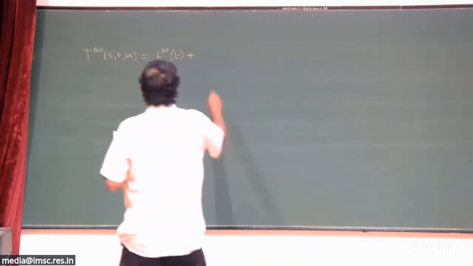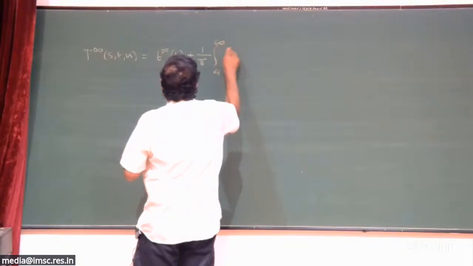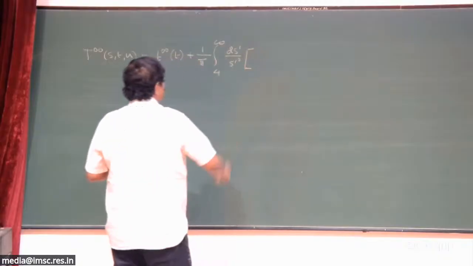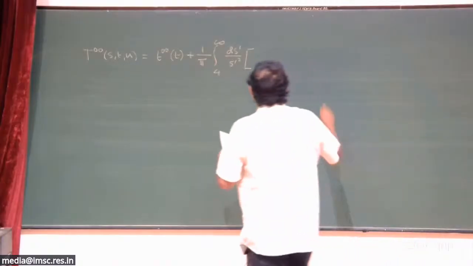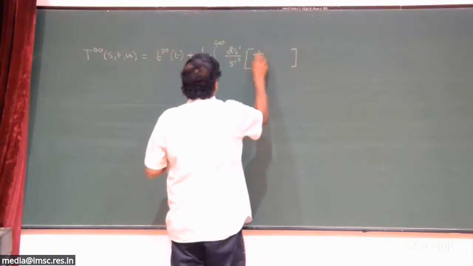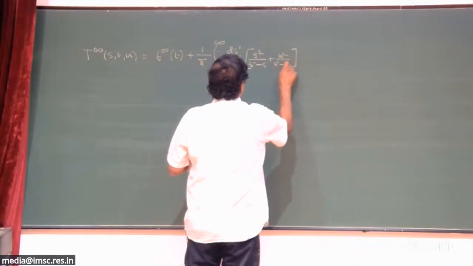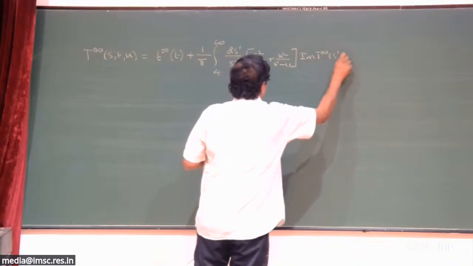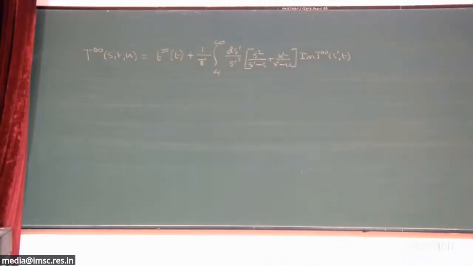And then we straight away jump to the dispersive part, which is an integral from 0 to infinity, ds prime by s prime squared. Because the U channel, S channel, and T channel are all the same, I have a very simple way of writing a dispersion relation for this amplitude, which is s squared by s prime minus s plus u squared by s prime minus u, and an imaginary part of T00 of s prime at fixed t. We can't escape from the fact that this is a fixed t dispersion relation.